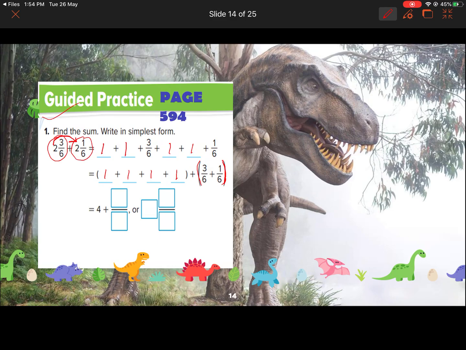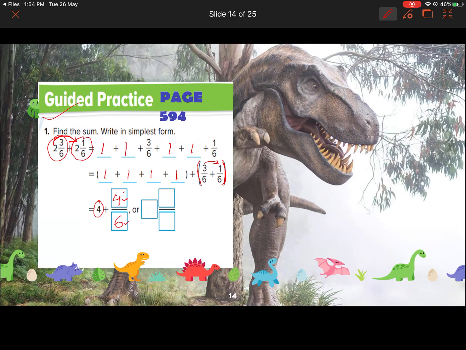So 1, 2, 3, 4 wholes plus, now see, 3 plus 1 gives you 4 and 6 remains the same because this is a rule. The denominator remains the same. Now what is the GCF of 4 and 6? The GCF of 4 and 6 is 2. So we can divide 4 and 6 by 2.